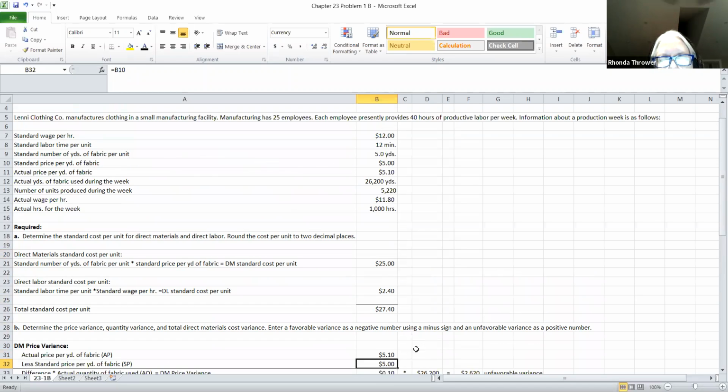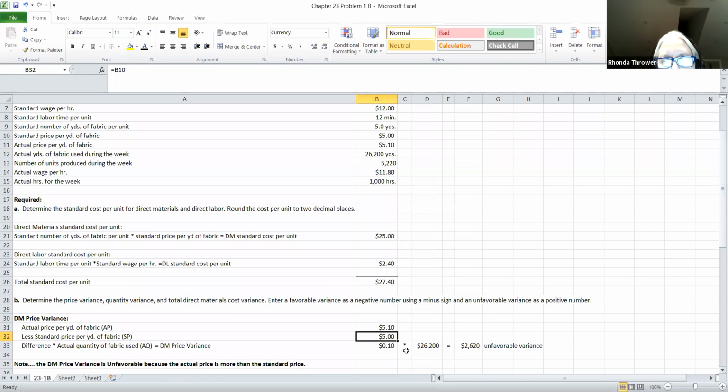And so as you can see, the difference between these is 10 cents. And what that means is since your actual price was more than what you had budgeted, you're going to have an unfavorable variance. So this 10 cents here is unfavorable, because actual price was more than the standard price.